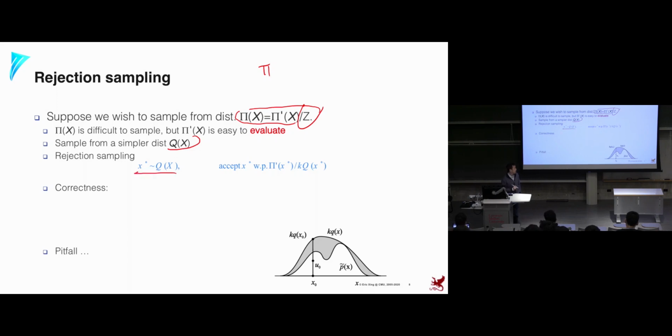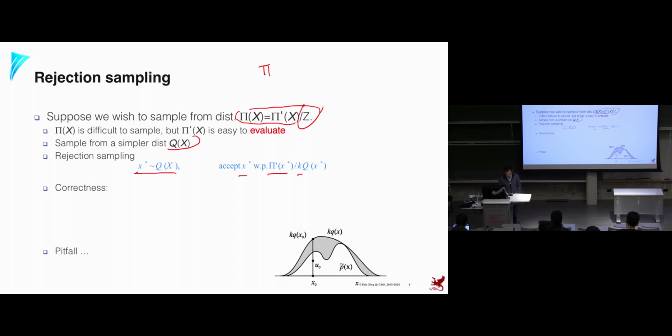You draw X star from an easy distribution Q. Then you have a second step, which is to determine whether X star is to be accepted or not using this formula. This is pi prime, the unnormalized part of the distribution. That addresses the problem of evaluating probability under a complex distribution being difficult. Here, you don't have to go through that. You only go through the explicit analytical part, not the Z.